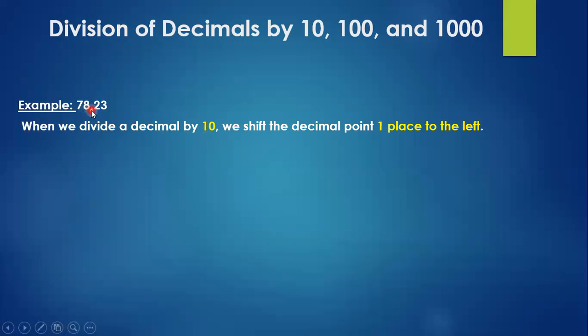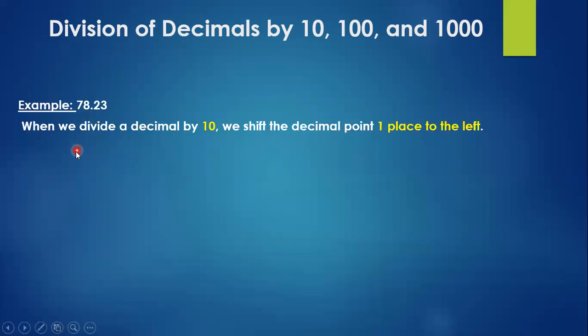How many places? One place towards the left. Why one place? Because 10 has one 0. So we shift this decimal one place to the left.